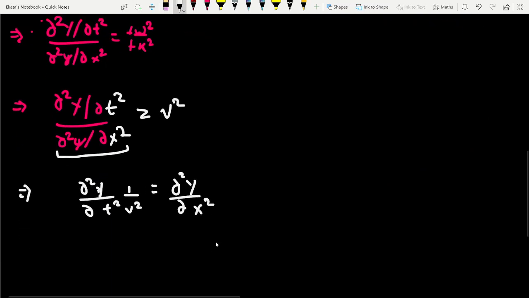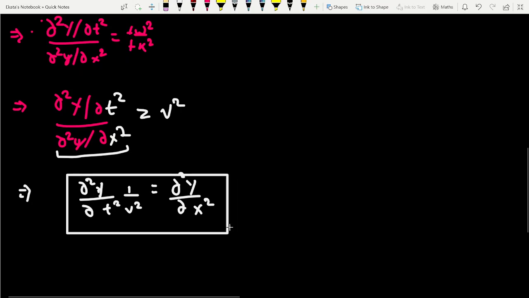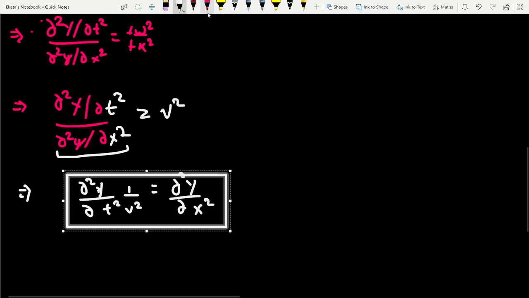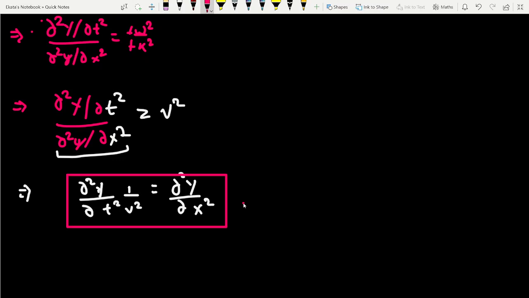Remember that this is a very important equation in physics, because it describes how a wave can be described. Just like the Schrodinger equation is fundamental in quantum mechanics, this is very important in mechanics, in waves, and in periodic motions.